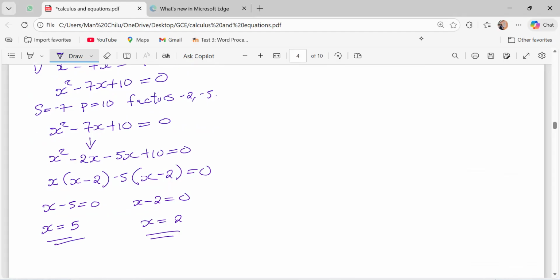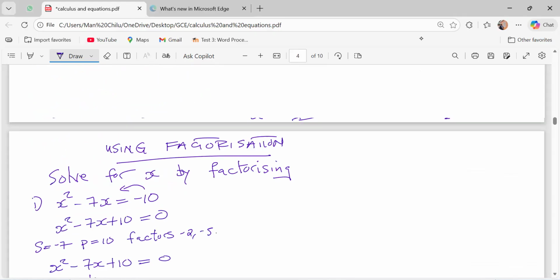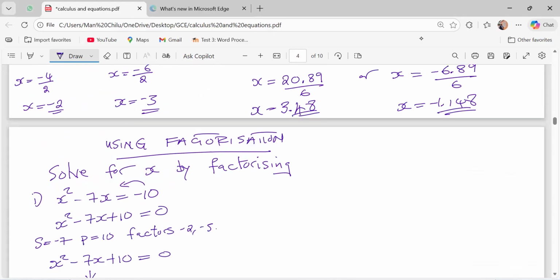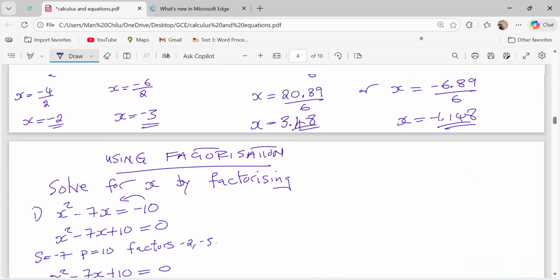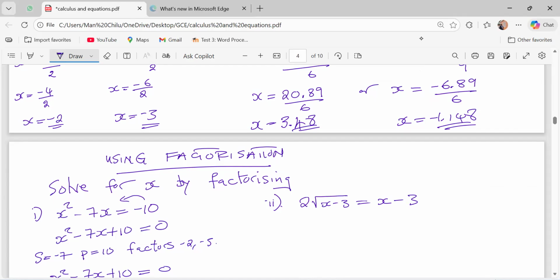Let's solve one last example on factorizing. So the second example here, we are given 2 square root of x minus 3, which is equal to x minus 3. So the first thing to do is to get rid of the square root.